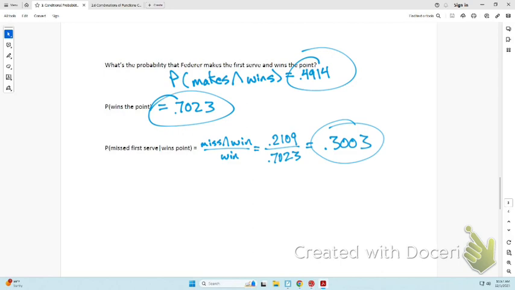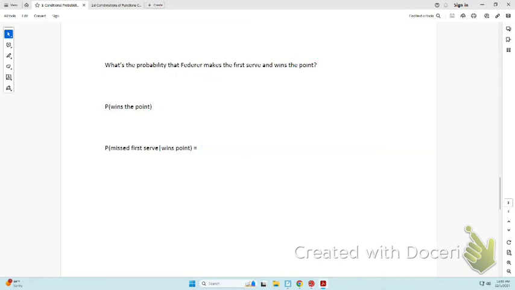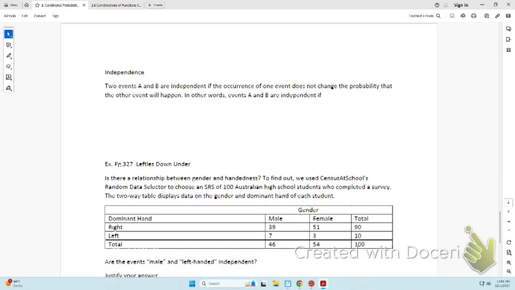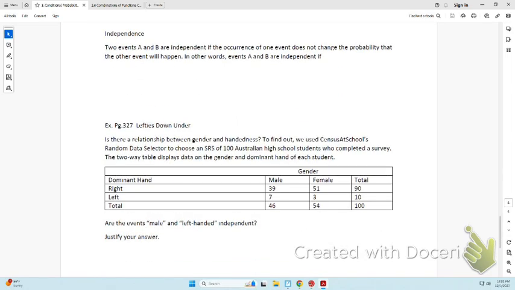All right, we're going to move on to independence. So for independence, we have a rule we got to learn, and we'll apply it in the problem down below. So first off, make a note.